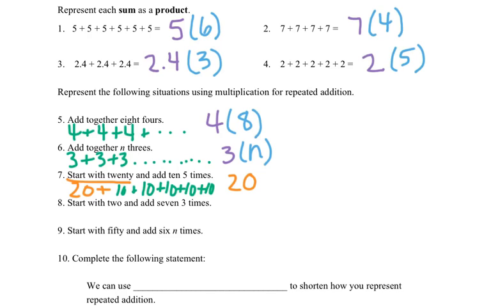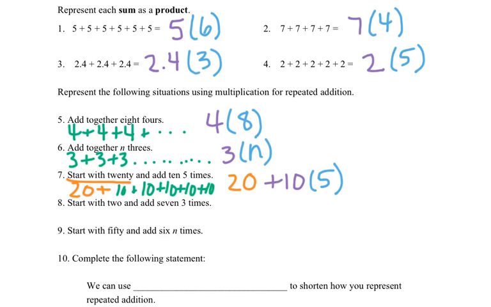So this is the expanded form of this situation, and then we're going to try to represent it with the multiplication instead. So the number that we're adding is 10, and the number of times we're adding it is 5 times. And so that's a much faster way to get to that answer.